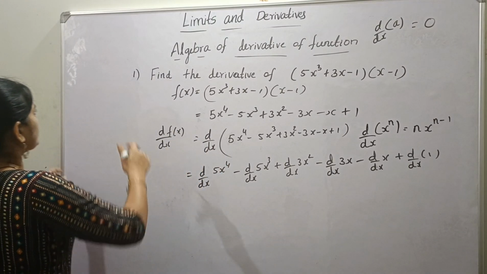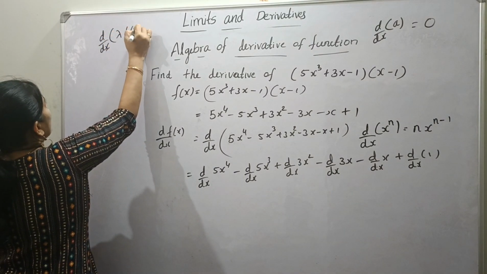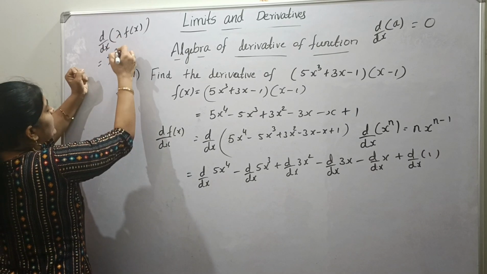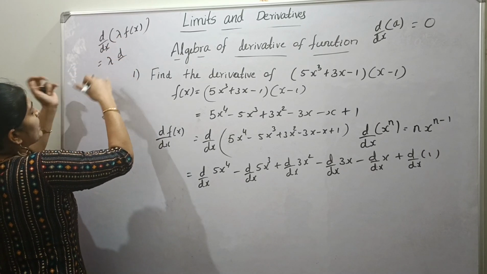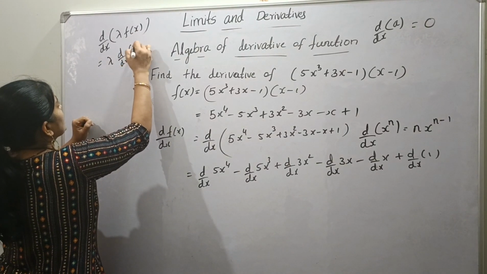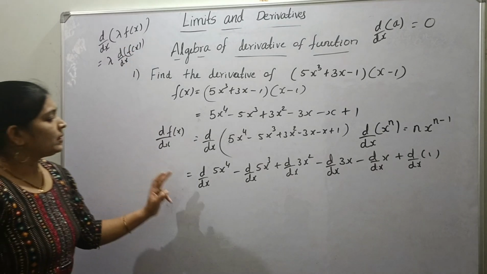And one more thing: d by dx of a constant lambda into f of x is equal to lambda, where lambda is a constant, into d by dx of f of x. We can take lambda outside.